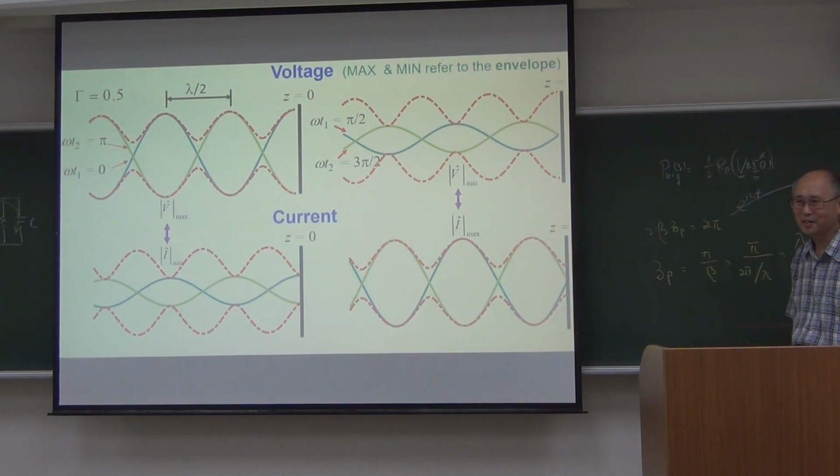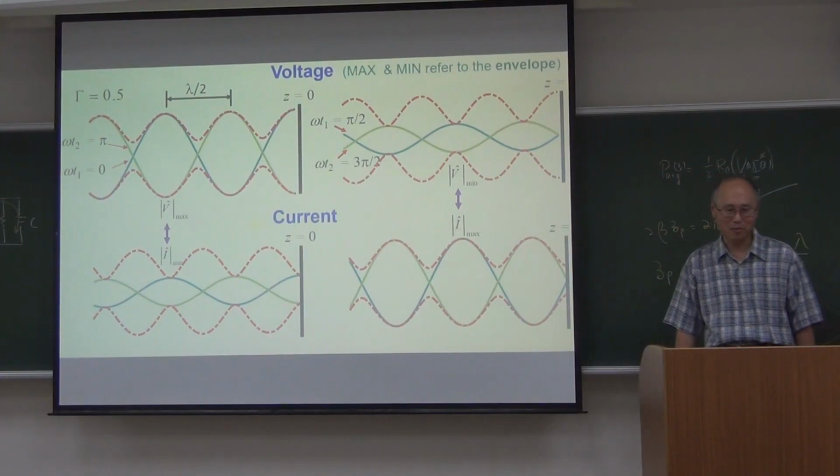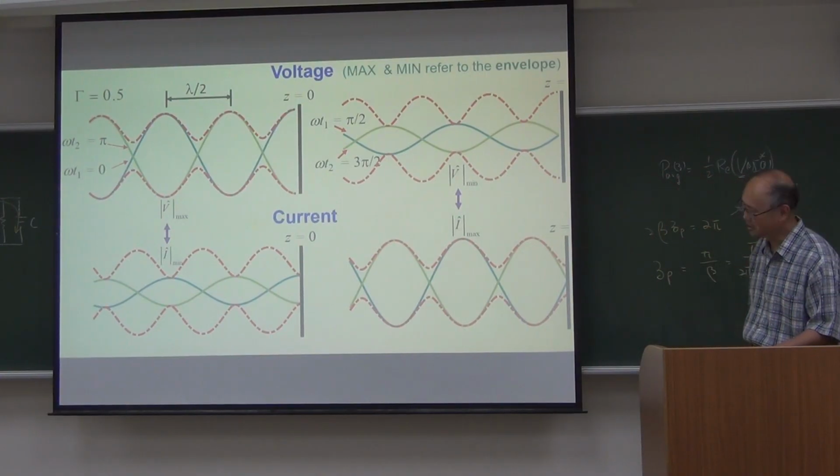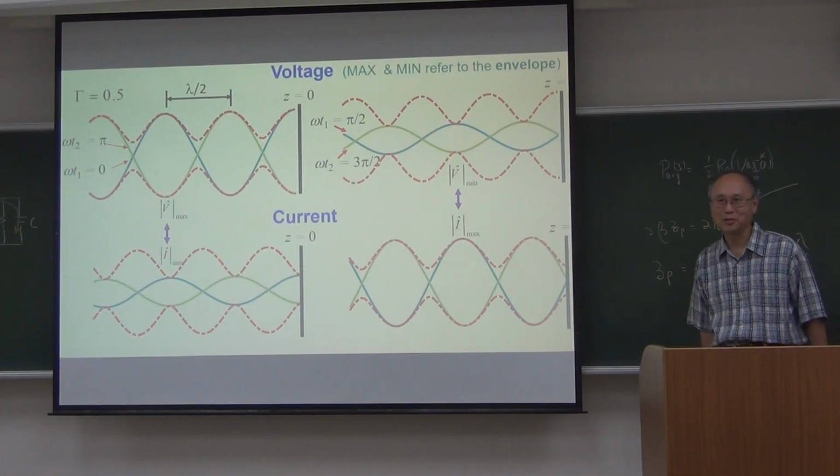This is a fun standing wave pattern. It took me a long time to show this. I spent 3 years working on these things before I published them. Okay, so this all makes sense to you.